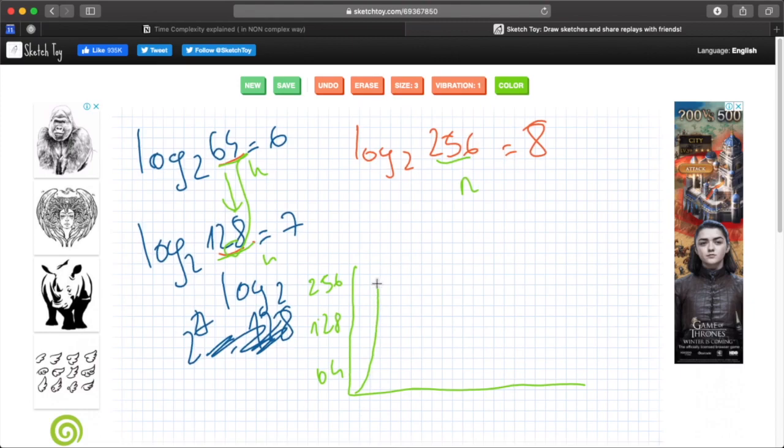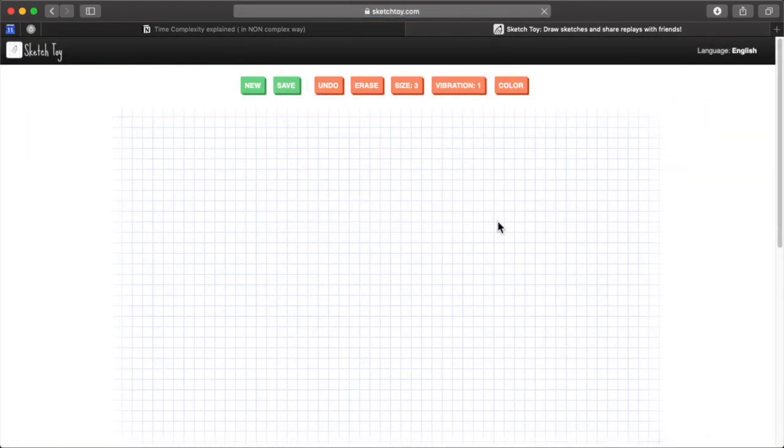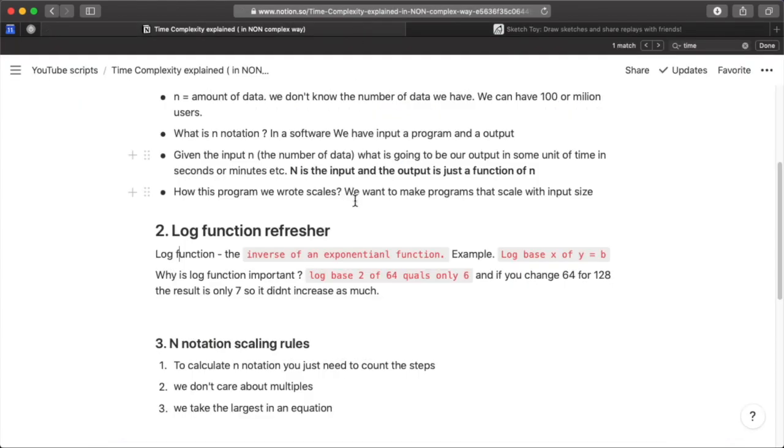This grows like this exponentially. We have this, and this, and on the x-axis we have 6, 7, and 8. So it basically doesn't grow at all. I wrote this sort of wrong, but it doesn't really matter. So that's why you need to know logarithmic functions.